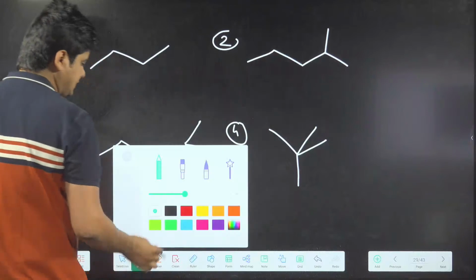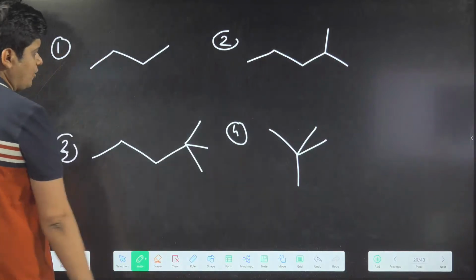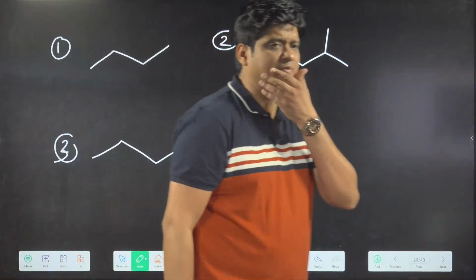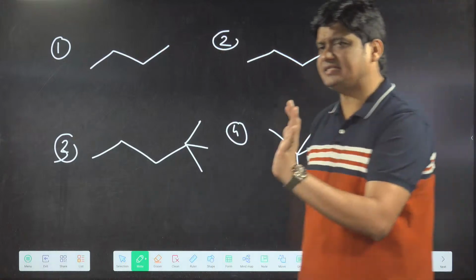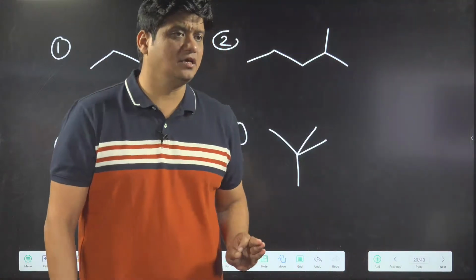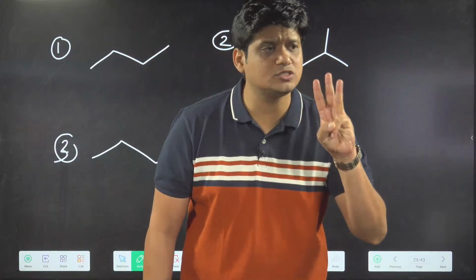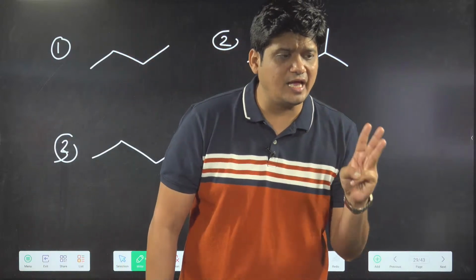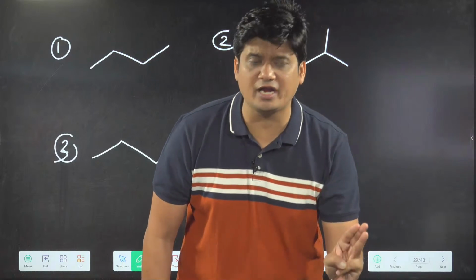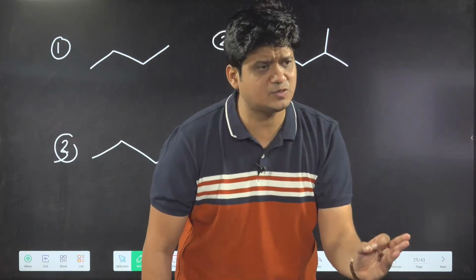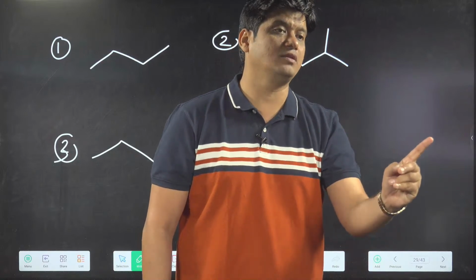Now these alkanes are given and I am asking which of the following can be oxidized by KMnO4. So what I said, those alkanes which are having 3 degree hydrogen can be oxidized by KMnO4 into alcohol.